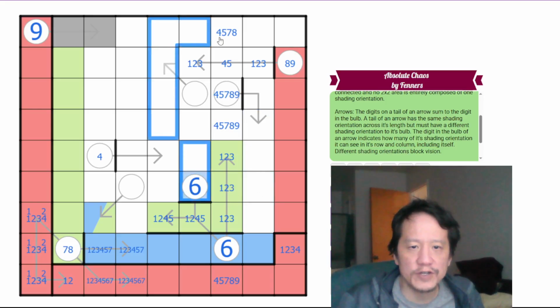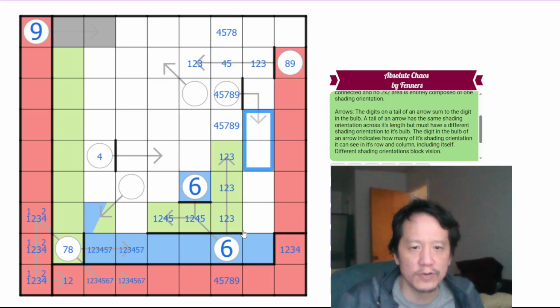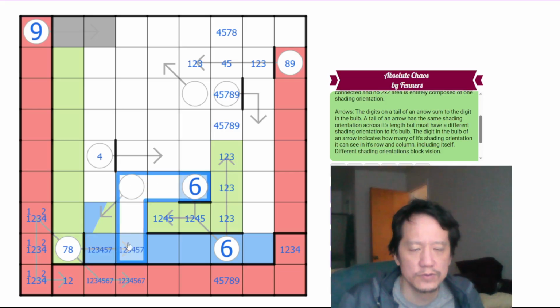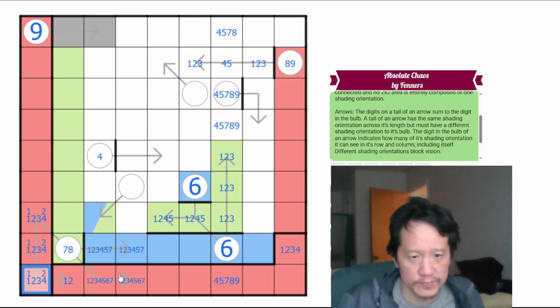The blue eventually has to get over here, right? I guess it could be here. That's possible. Yeah, blue could enter in this way. That is true. This digit is the same as that digit.